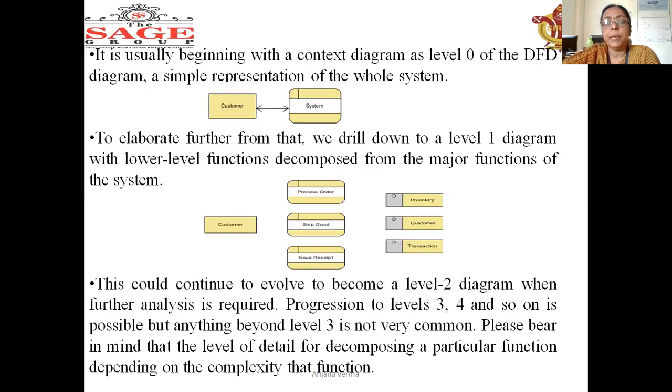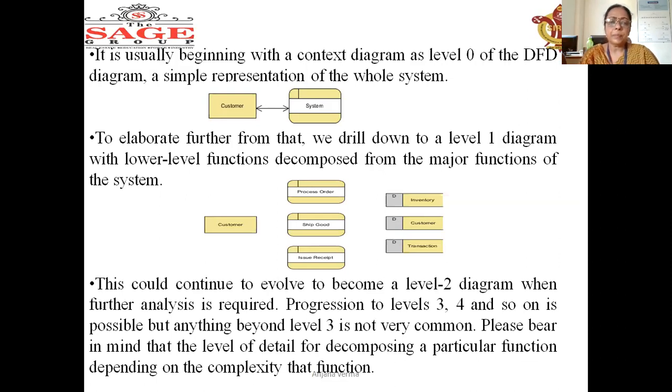Now, how will you make a data flow diagram? Actually, a data flow diagram has more than one level. In the beginning, when we make a context diagram, we are telling the whole thing in one diagram. That is the zero level DFD, a simple representation. For example, suppose we are creating a data flow diagram of online purchasing.